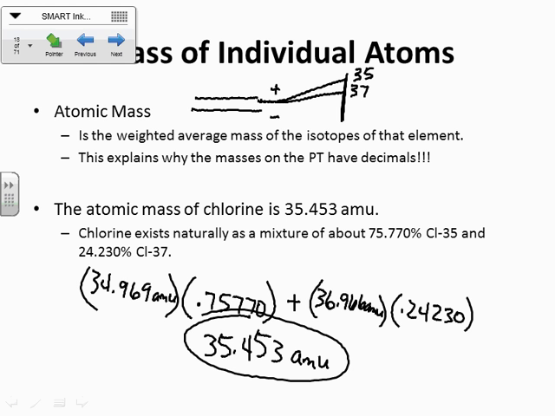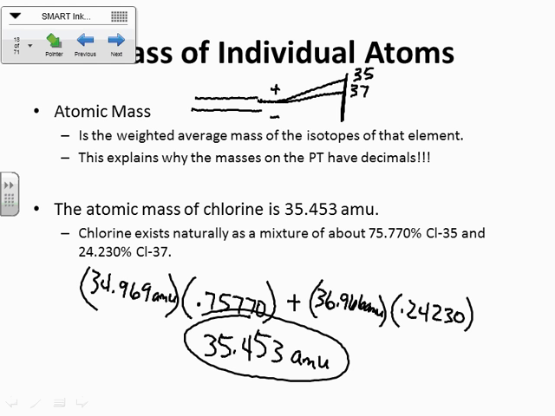All right? So this is an important question. Make sure that you understand this. And you might even jot this down somewhere. If I ask you, what percentage of chlorine has a mass of 35.453 AMU, what are you going to tell me? 35.453 is just the number that's up there on the periodic table.